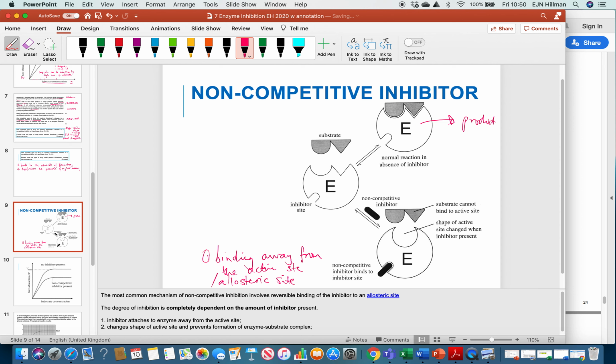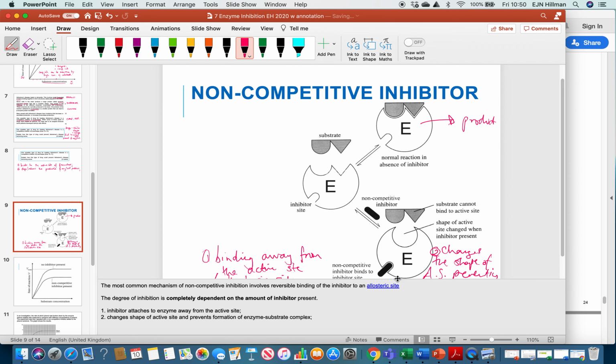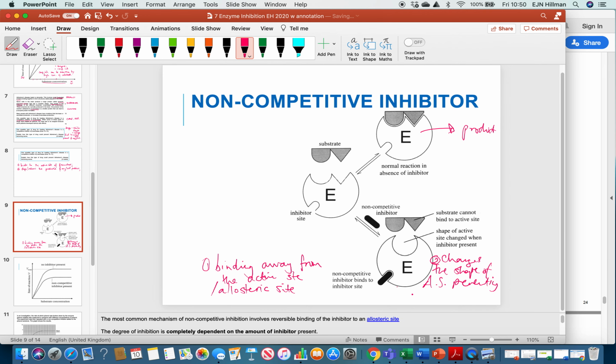First, it binds away from the active site, and then the second, it changes the shape of the active site, preventing the formation of an enzyme substrate complex.